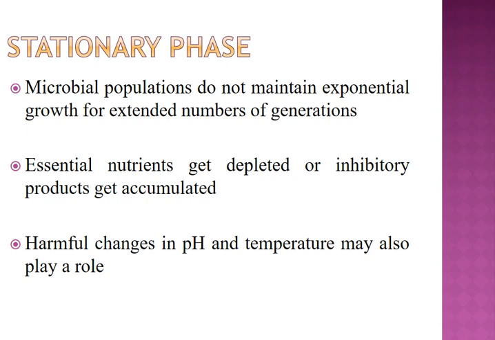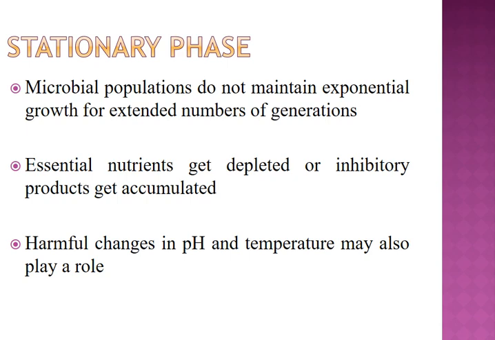Since batch culture contains a limited amount of nutrients, after a certain period of time the nutrients will start to deplete, say after 2, 3 or 4 days. When the cell number has reached a great extent, it has definitely resulted in the depletion of nutrients. So this microbial population does not maintain exponential growth for an extended number of generations, meaning log phase doesn't last for a very long period.